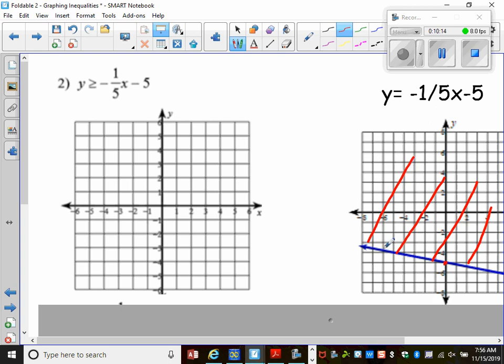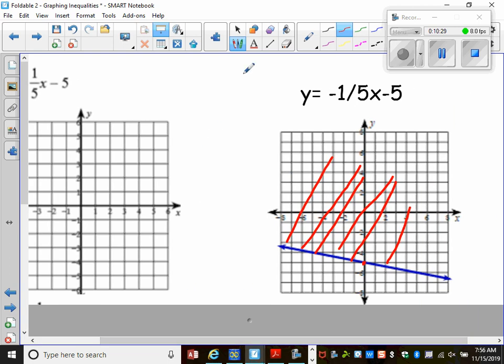Eventually we'll be having two of these on a coordinate plane, and then it will become a system. But today I'm only going to have you do just the single inequality. Eventually we will work towards a system.